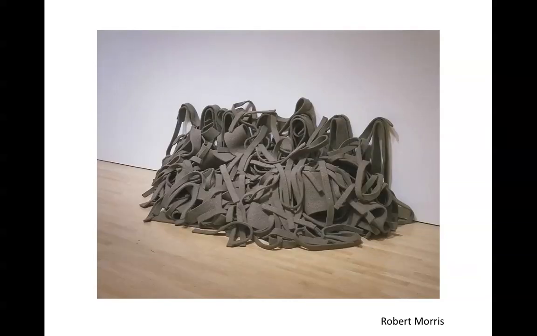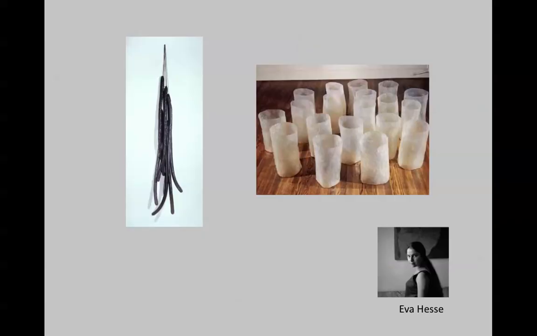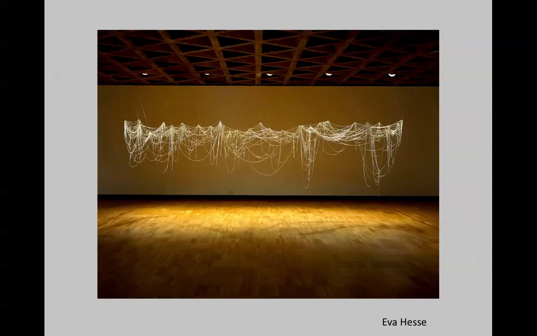Or these, kind of embracing a bit of chaos, also seems to relate to humanity. Or these forms by Eva Hesse that have a humanity in the sense of a bodily relationship. Or this one by Eva Hesse, which has been described as a three-dimensional Jackson Pollock, and I think you can see the correspondence there.